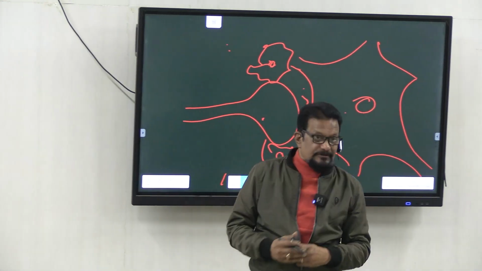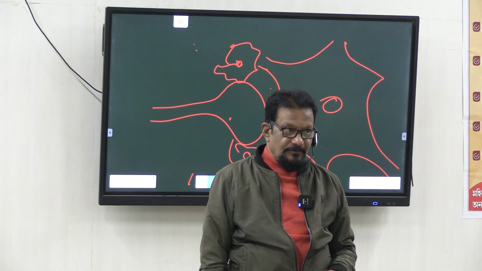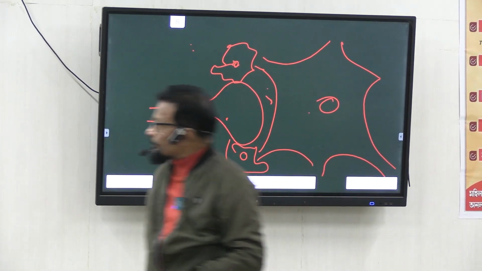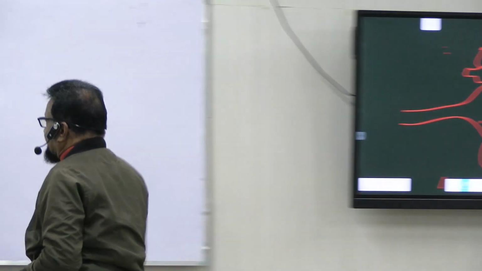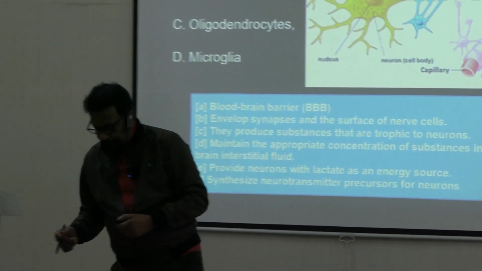So another function of neuroglia is protection of synapses by enveloping them. They produce substances that are trophic to the neurons.